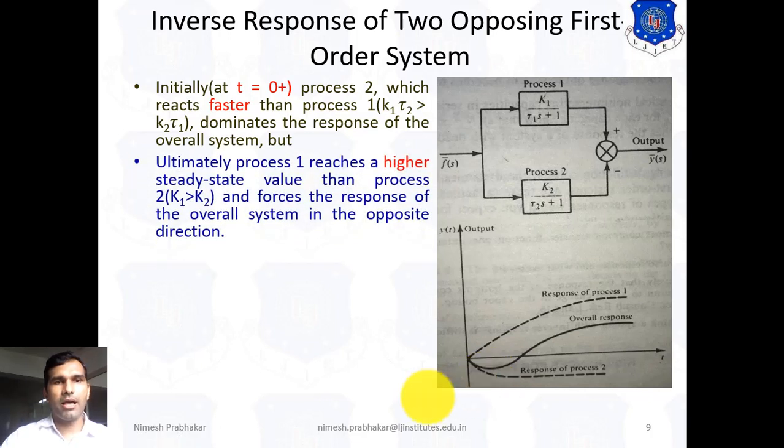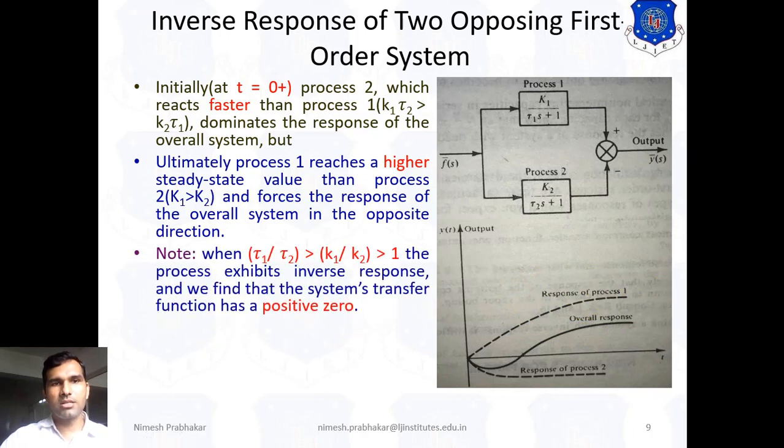But after some time, ultimately process 1 reaches a higher steady state value than process 2, and therefore the response of the overall system is in the opposite direction. That means due to process 2 the response is in the negative direction, but due to process 1 it goes in the positive direction. So the overall response goes in the positive direction due to the process 1 response.